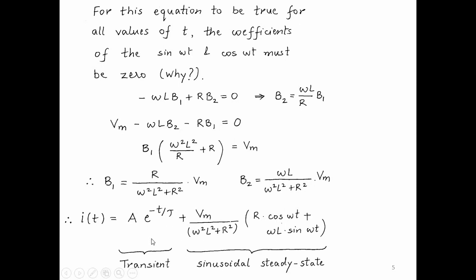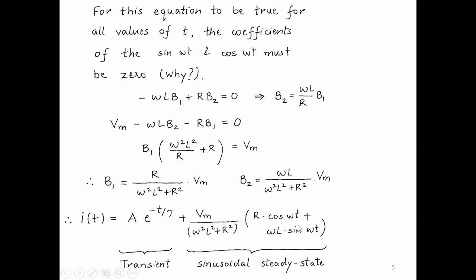Now the so-called natural response or the transient response will die out as a function of time. It has an exponential, so over a period of time, when t is greater than 10 times tau, this will effectively become 0, and all that will be left is the second term, which is the sinusoidal term. Therefore, this term is referred to as the sinusoidal steady state response.